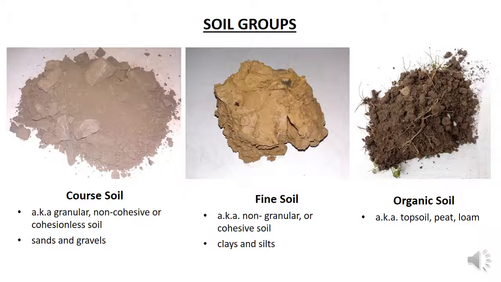This organic material can swell and shrink dramatically according to the water content, and also usually results in the soil being quite soft. Therefore, organic soils are usually not suitable for road formation, but they may be used on berms or in non-structural fill. Soils that do not have organic content may also be called inorganic soils.